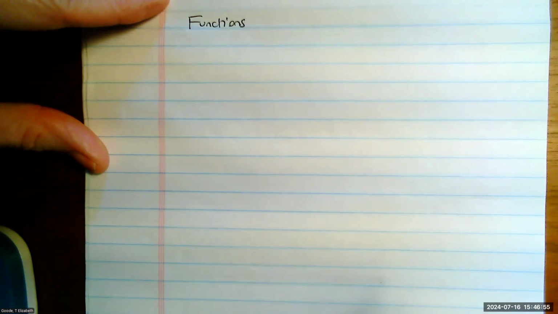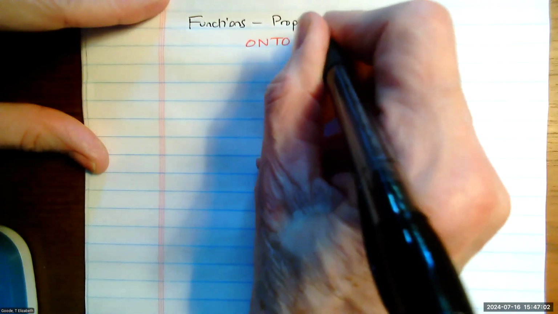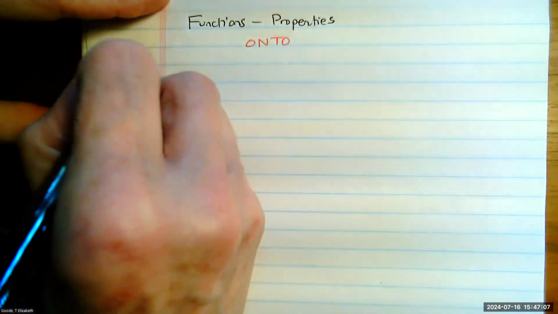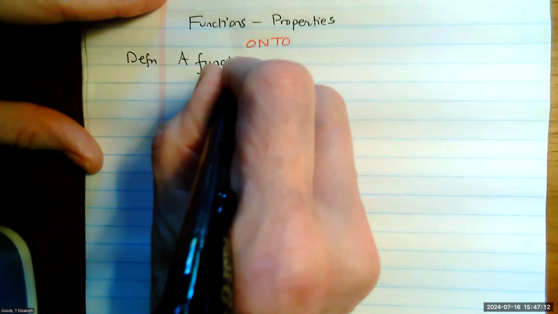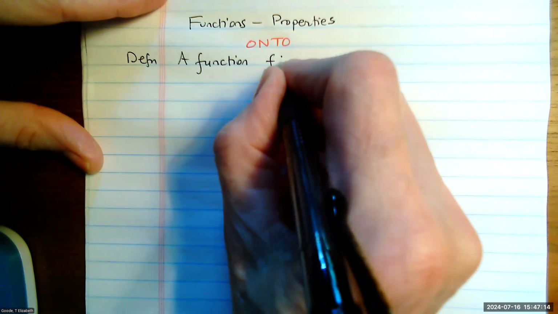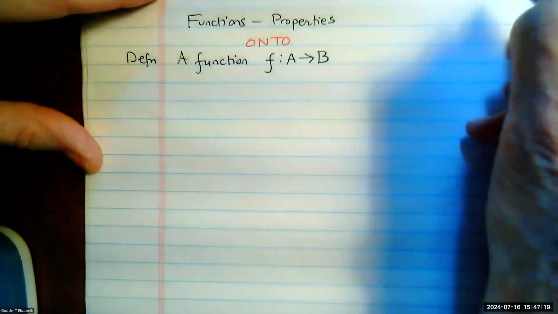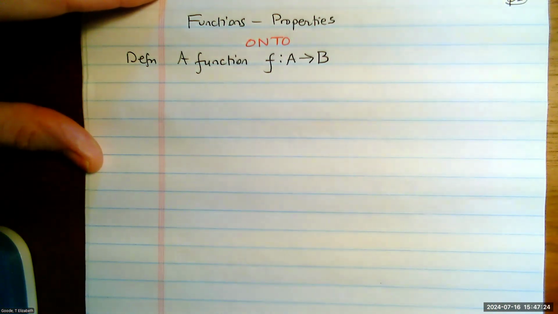So, functions, properties, continuing our discussion here. Onto. So again, we want a definition. A function f from A to B. And by the way, these properties don't make sense if we're not talking about a function, and they don't apply to a binary relation that's not a function.